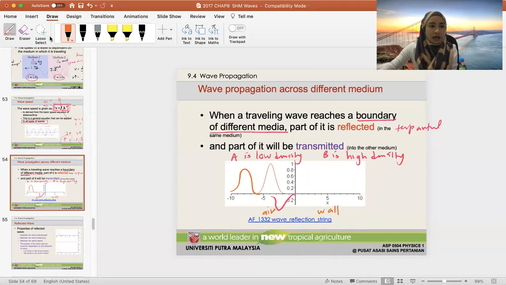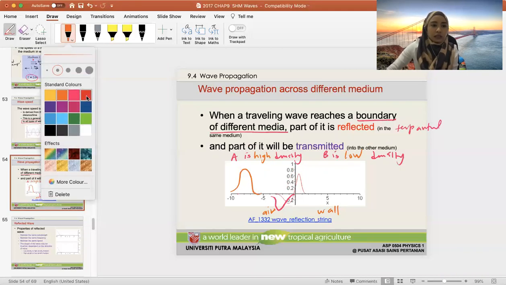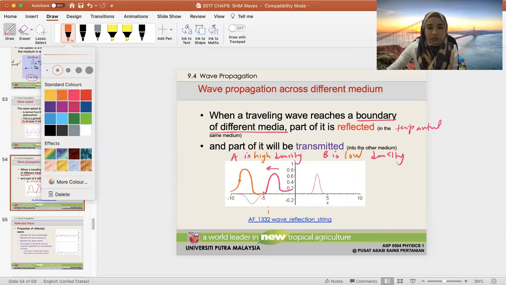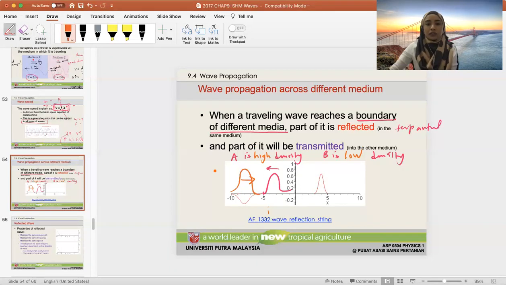Now let's say A is high density and this one is low density. What happens? The reflection will be in the same direction as the original. The reflection will go to the left, while my original was going to the right. This happens when A is high density, for example the wall, and B is low density, for example air.